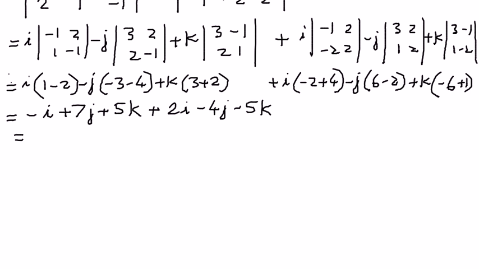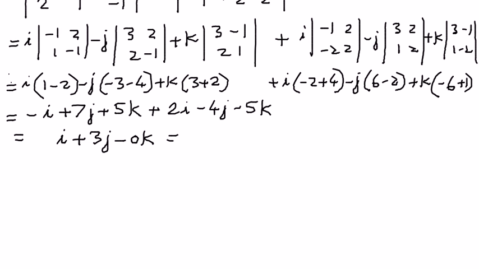So when we combine this, we get 2i minus I is 1i, or just I, and then 7j minus 4j will be equal to plus 3j, then 5k minus 5k, that will be equal to 0k.